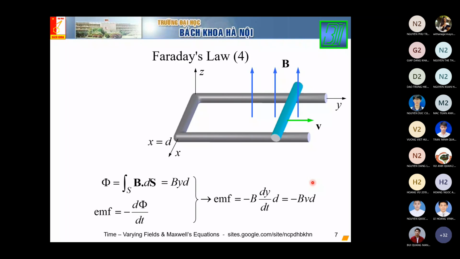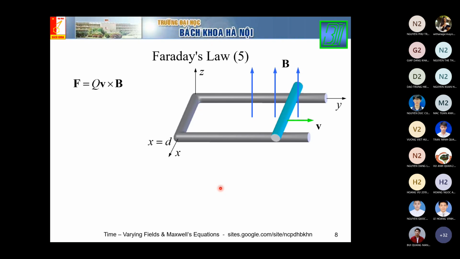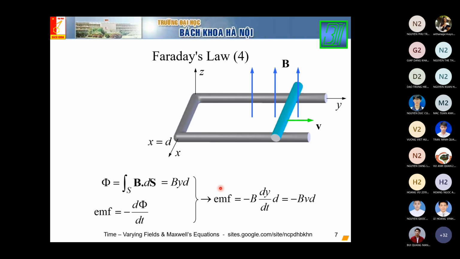Because in that case, v here is non-zero, then the result here will be non-zero. If there is no movement, meaning that if v here is 0, so obviously this induced voltage will be 0. So this is the first result.